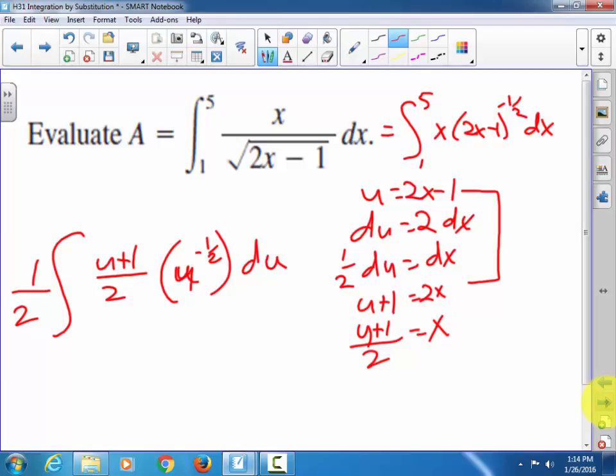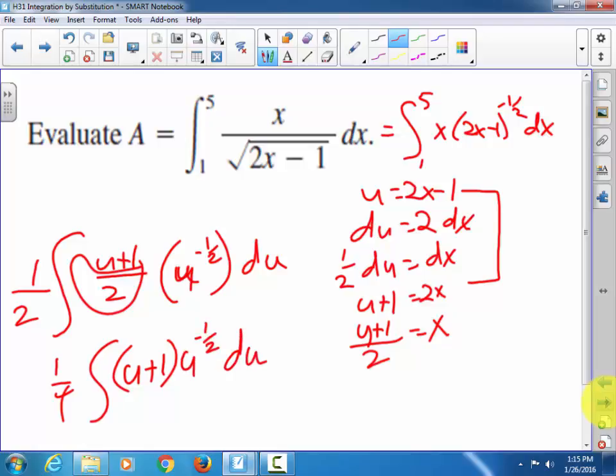So that was a tricky part. Okay. Then what can I do? I just want to know, that's the regular equation. So how do you regularly take the derivative of u plus 1? No, what I would do now is pull this 1/2 out right here. I'm going to make it 1/4 times the integral of u plus 1 times u to the negative 1/2 du, because this right here is the same as 1/2 times u plus 1.